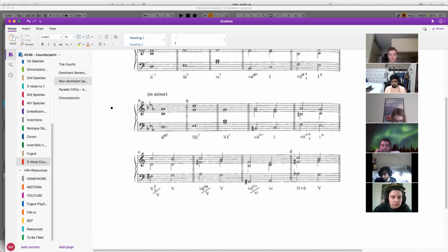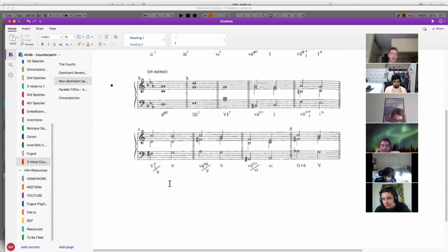Nice diminished chord. No, I made the same mistake earlier. So this is a secondary dominant right here, this chromatic note.